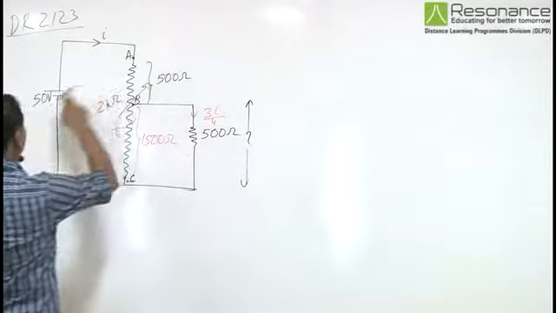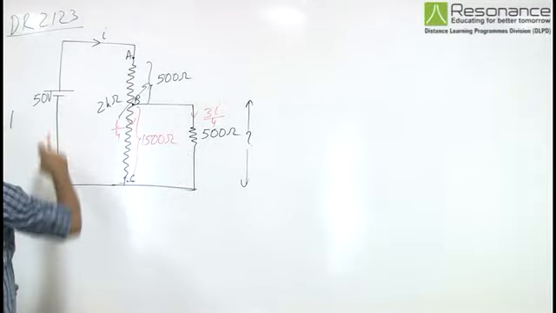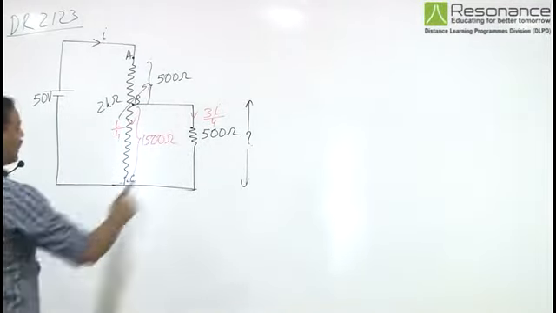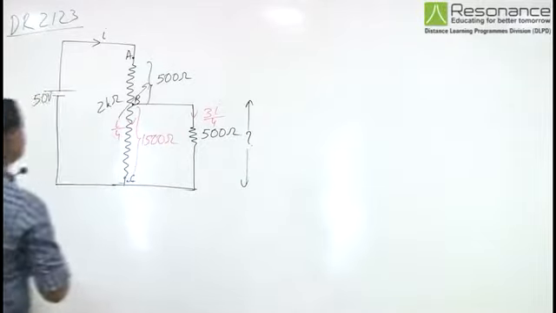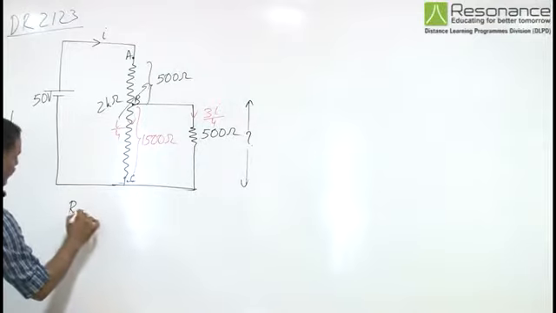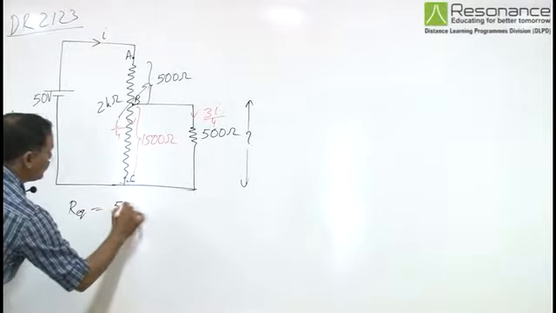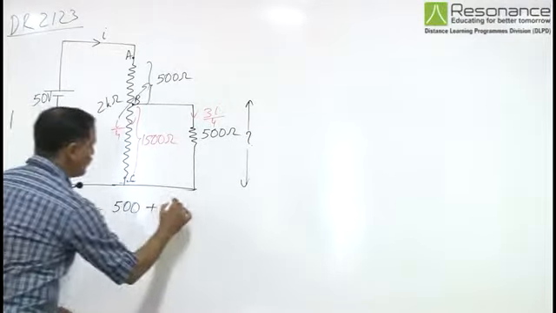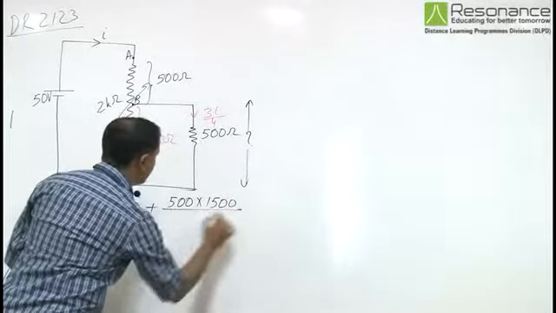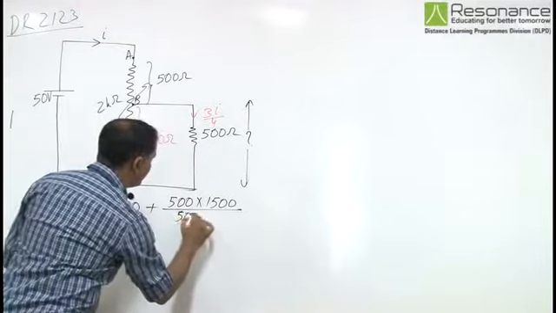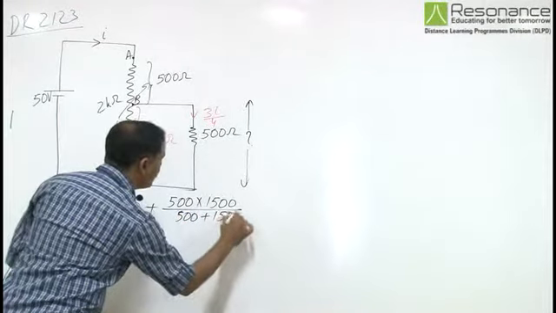Now if there is a potential difference of 50 volt, the equivalent resistance of this circuit we obtain: R equivalent is equal to 500 plus 500 into 1500 by 500 plus 1500.